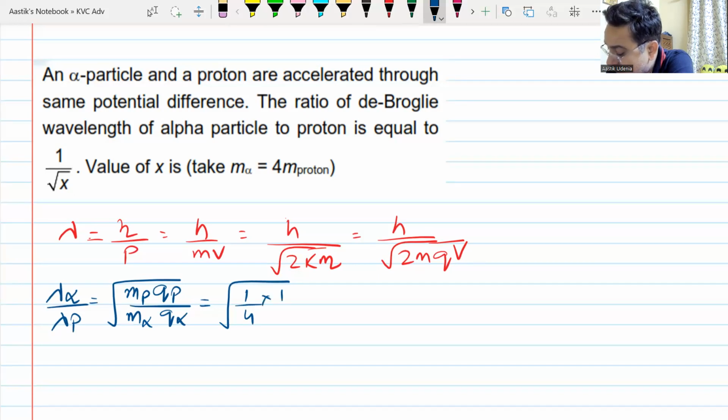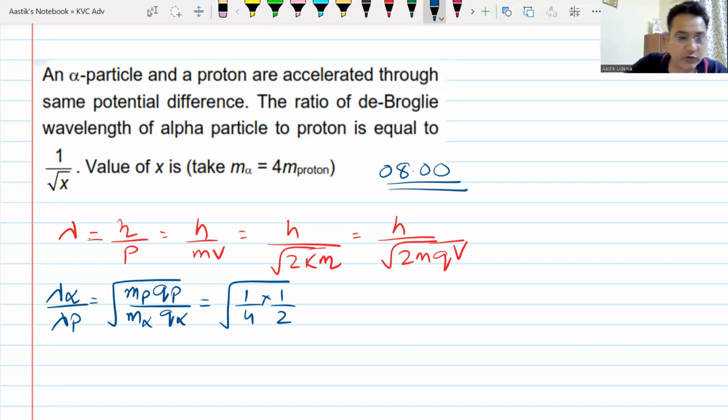Charge of proton divided by charge of alpha is 1 by 2. The value of x is 8. And the answer is 08.00. So you get a big 0 in this. And I hope that sometimes you will become hero after getting all these zeros.